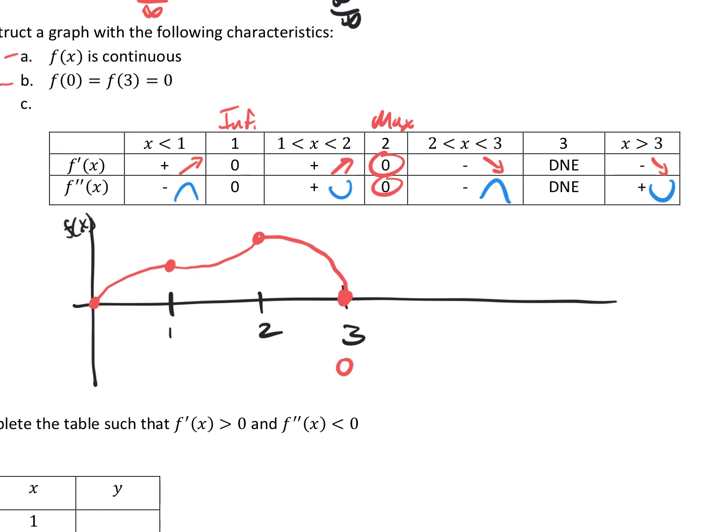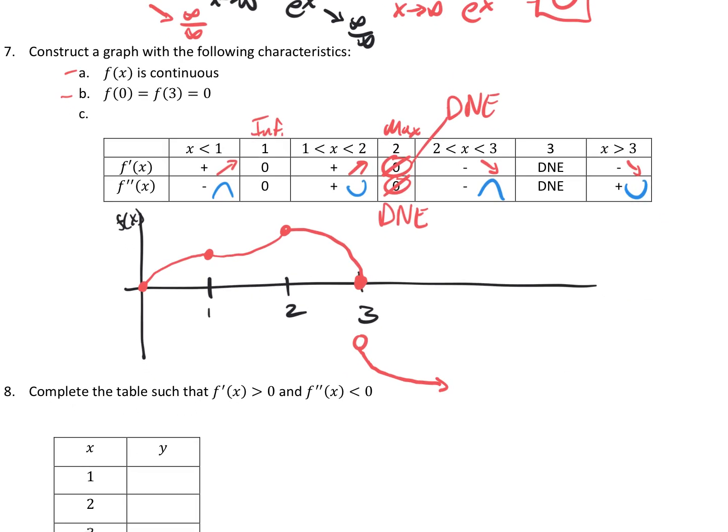So we have a break, and we're decreasing concave up, something like that. These would have to be does not exist. So that's a problem with the problem there. All right, so there we go.